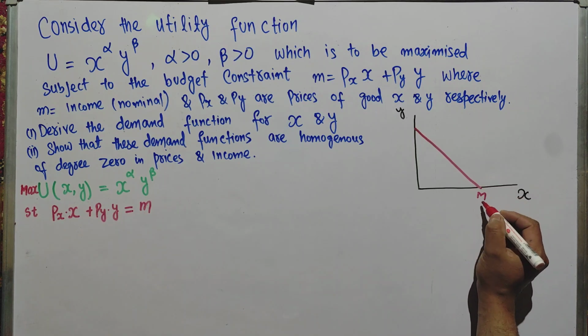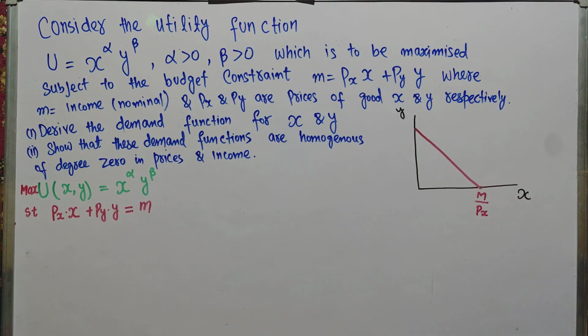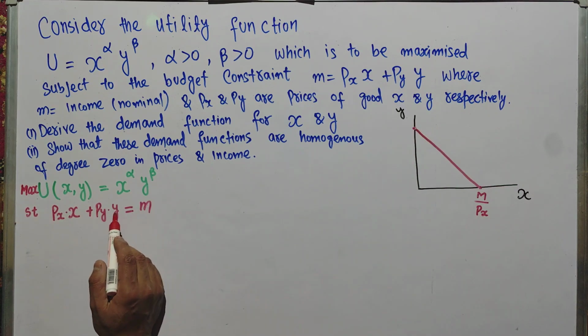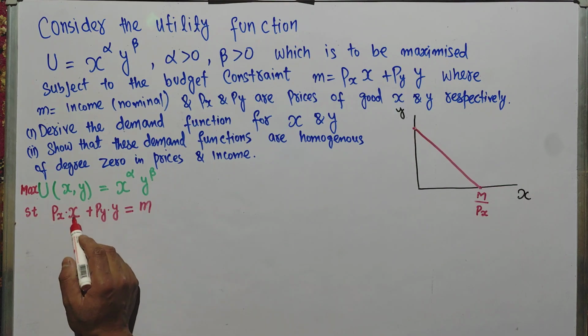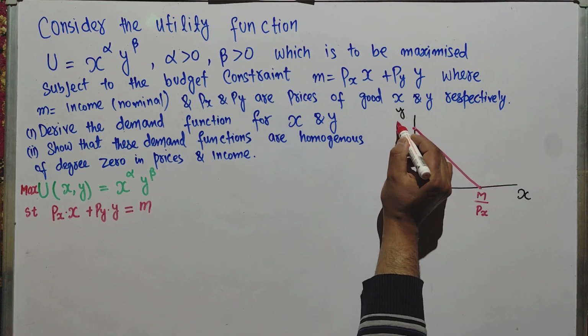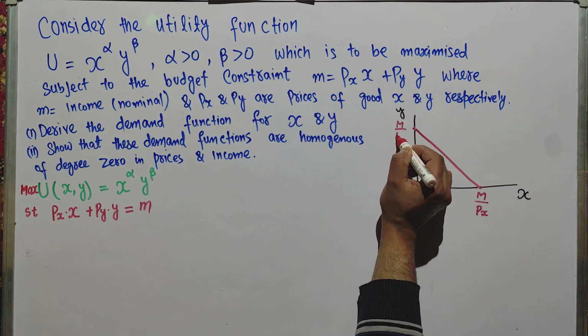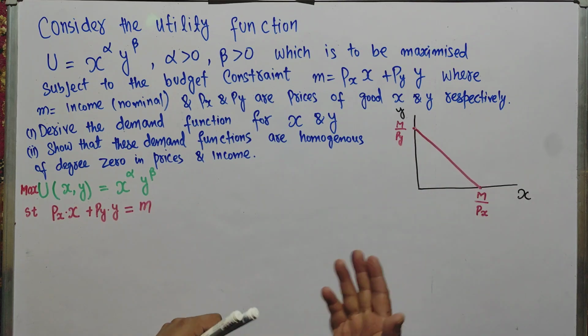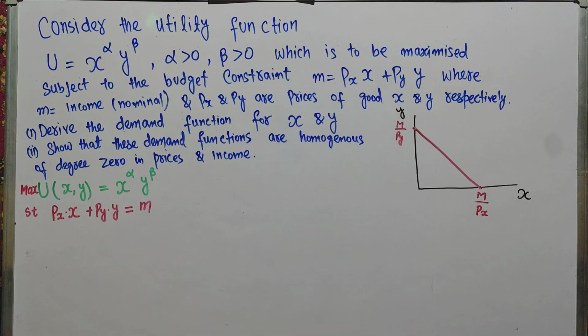So the x intercept will be m upon px when the consumer only consumes good x. The y intercept of this budget line is when x is equal to 0, so the y intercept will be m upon py. We assume this is the budget constraint of the consumer.